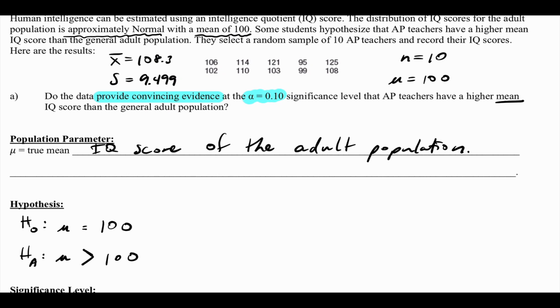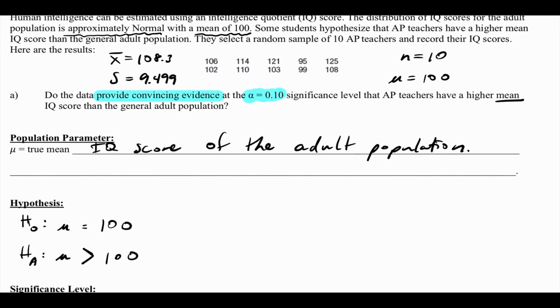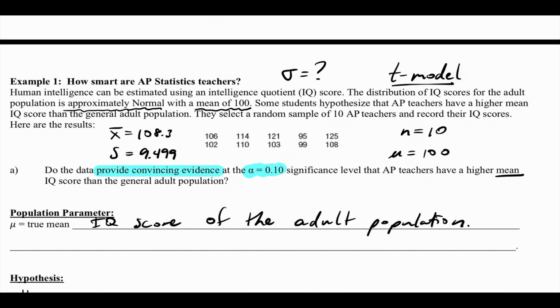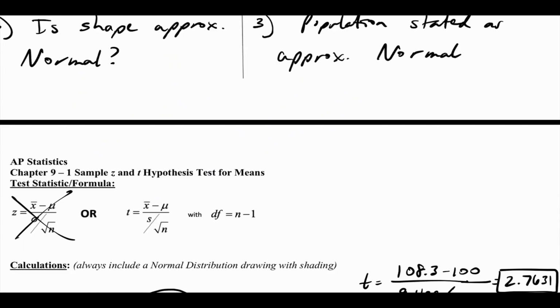Because the question wants to know, do the AP teachers have a higher mean, right? So if we don't put AP teachers, then we didn't answer the question. And we're okay saying AP teachers because that's where the sample came from. The sample came from only AP teachers. There was nobody else besides them in the sample. So we were comparing this sample versus the mean of everybody, all adults.